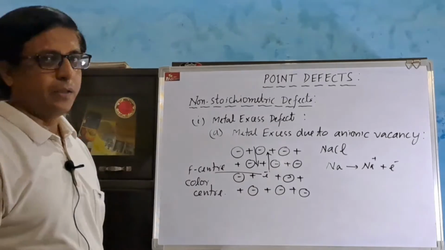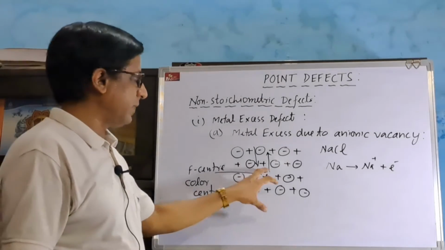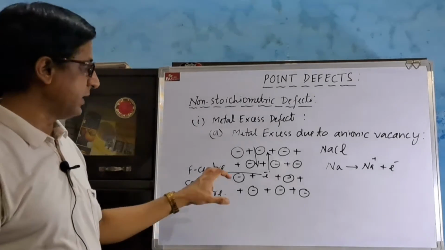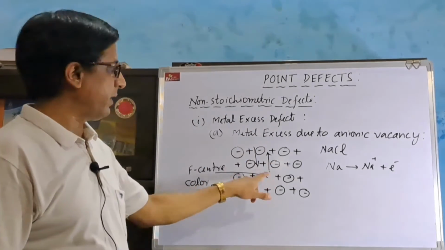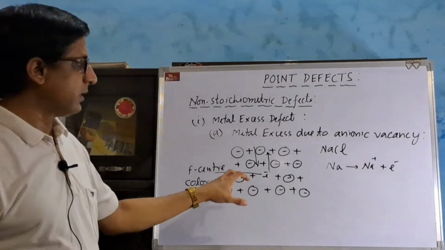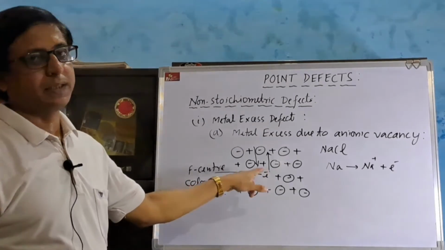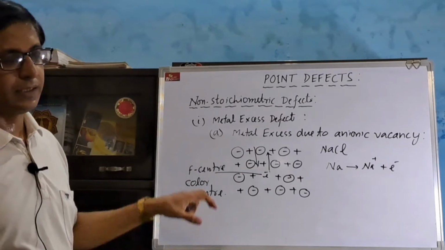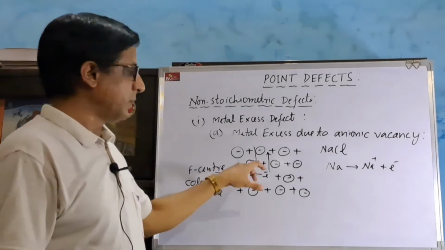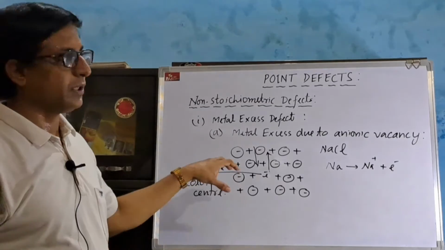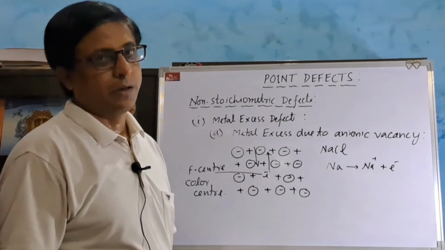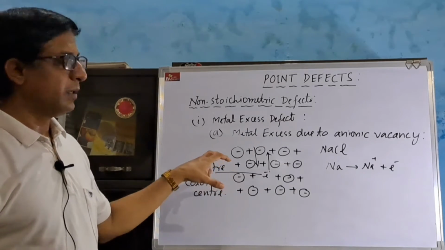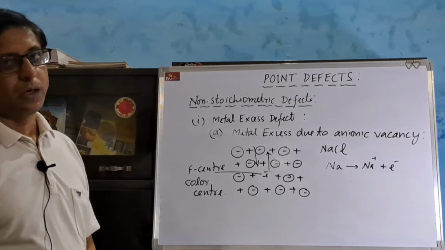Now, why does this sodium chloride change into yellow color? When visible light falls on this crystal, the electron present inside the crystal gets excited and goes into a higher energy level. When it comes back to the lower energy level, it produces yellow color.